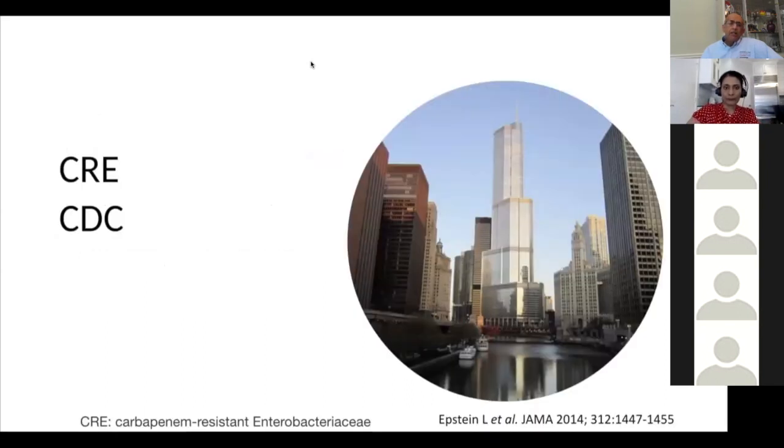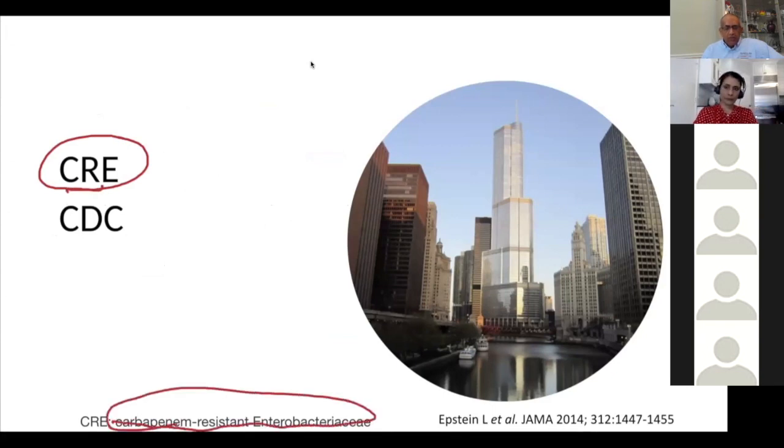And when you think about it, although we knew a lot about it, the CRE outbreak, that is CRE means carbapenem resistant Enterobacteria outbreak, that happened in Chicago in 2013-14 time, led to extensive work by CDC.